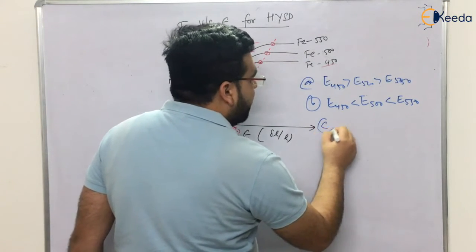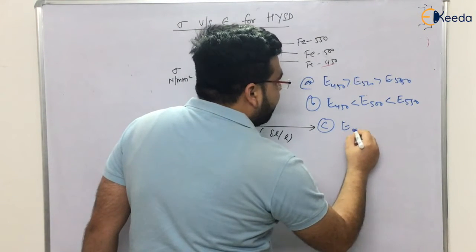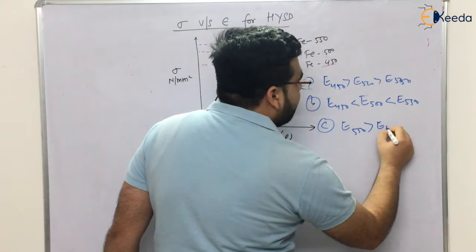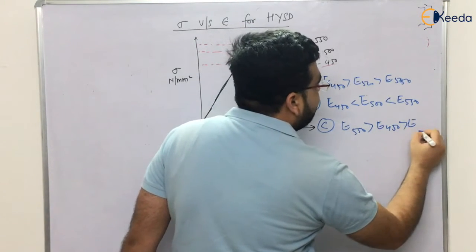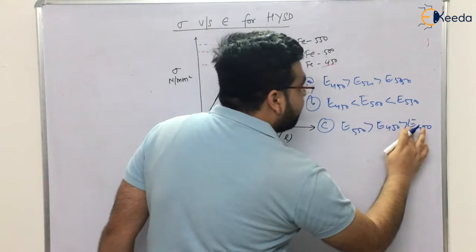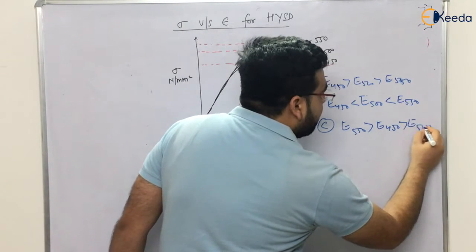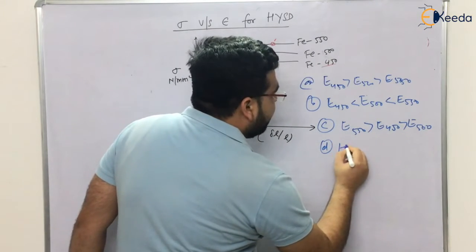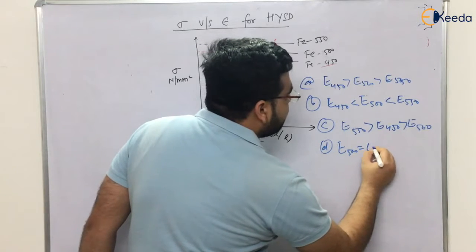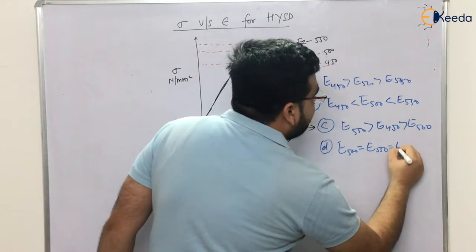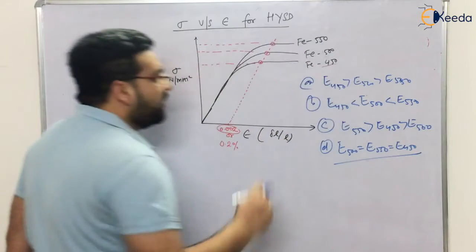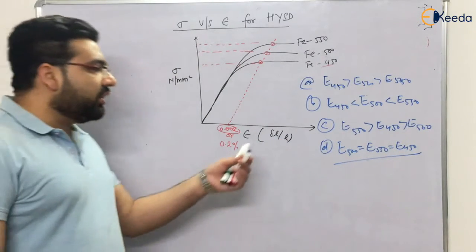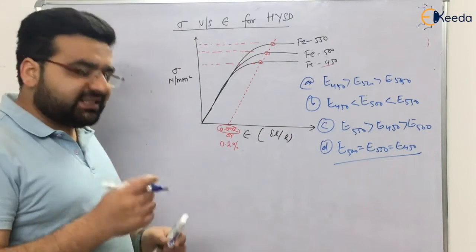The third option was E for 550 is greater than E for 450 is greater than E for 500. And the last option was E for 500 is equal to E for 550 is equal to E for 450.